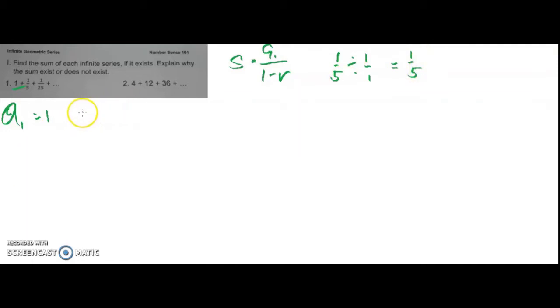So, meron tayong common ratio of 1/5. 1/5 here, guys, is less than 1, right? Kasi 1/5 is a part of 1. Therefore, we can say that this pattern over here is convergent.